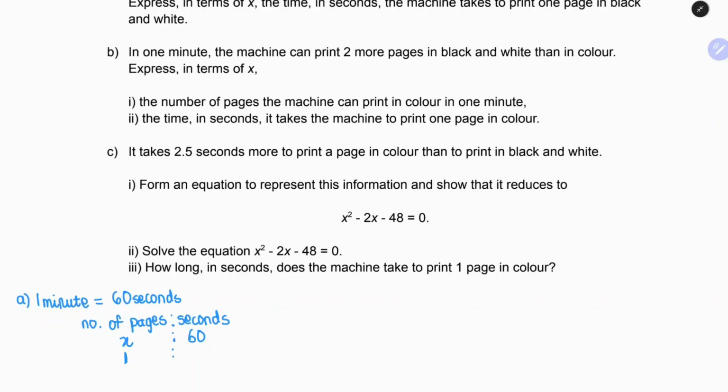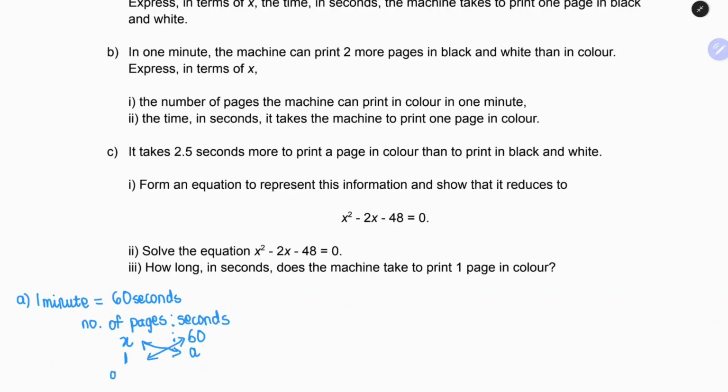So here we can put in any variable. Let's just put in A for convenience. So what we're basically going to be finding is A, because we are expressing in terms of X. So we're going to cross multiply.